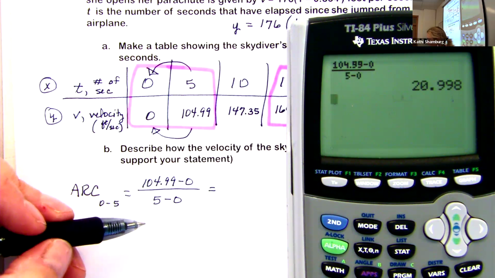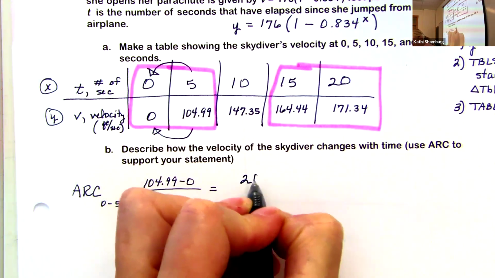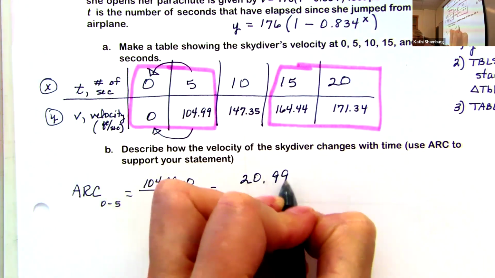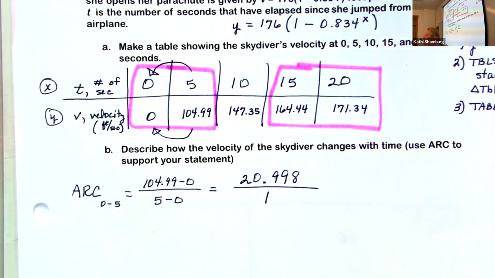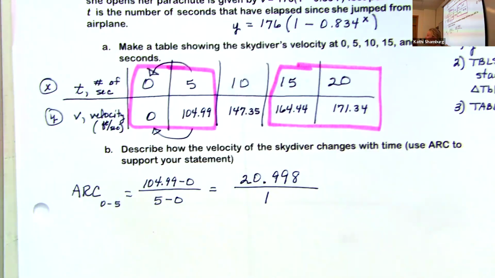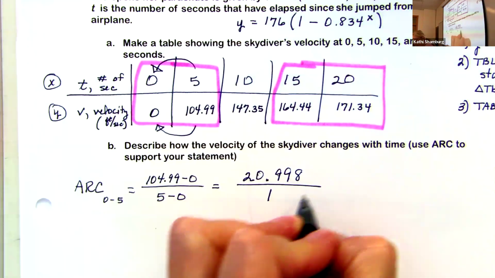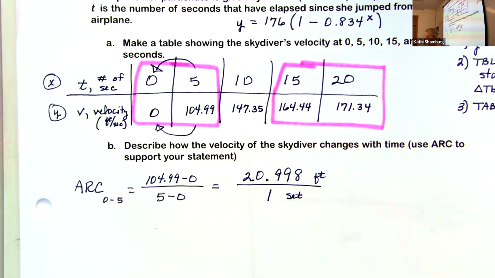And then I hit enter. And so I'm going to have 20.998 per 1. So what's going on per 1 what? Second. All right, we're dropping that many feet per second.